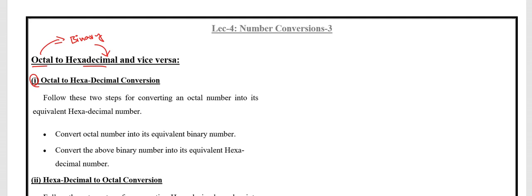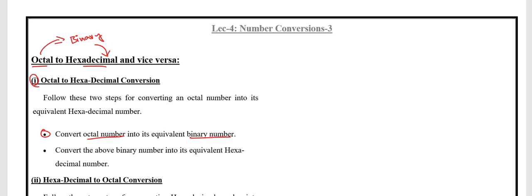It is a simple two-step procedure. In the first step, convert the given octal number into its equivalent binary number, by writing the 3-bit binary equivalent of each octal digit.